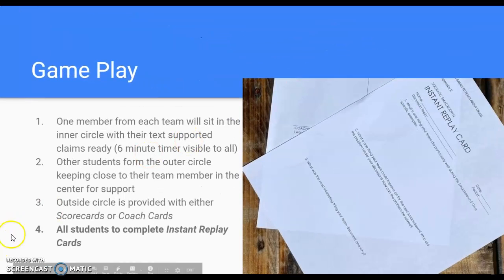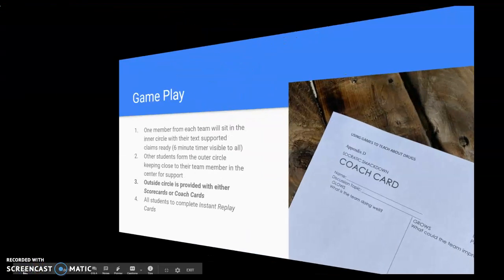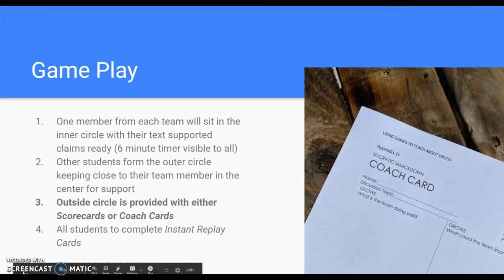Oops. And then there's the coach cards, I'm sorry, I went back forward a little bit too fast. The coach card is done by people on the outside circle. So students are either going to be keeping points, which I think I'm going to use about 4 kids keeping points, and everybody else will be doing their coach cards for each of the rounds.